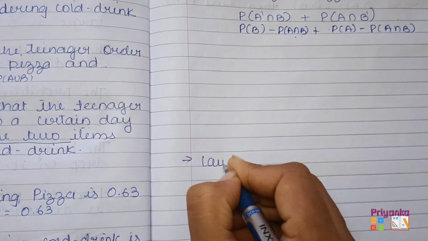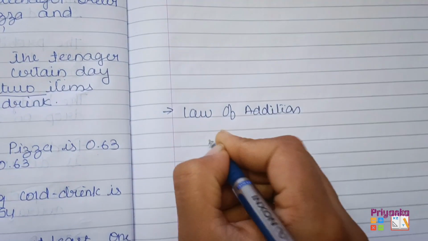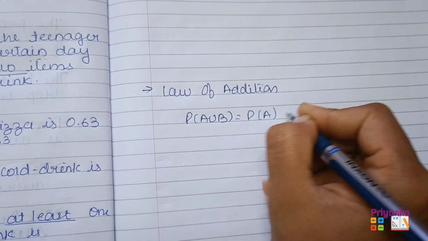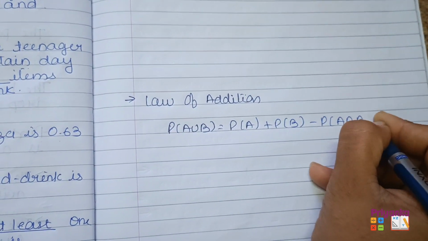Now the law of addition formula is P of A union B equals P of A plus P of B minus P of A intersect B.